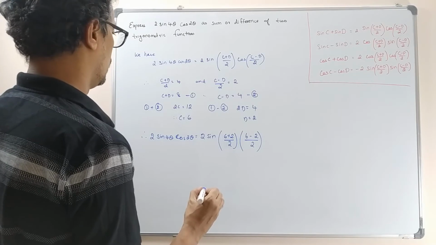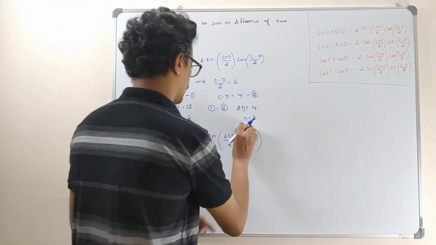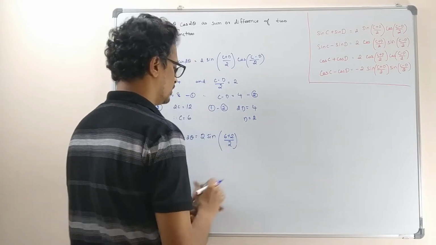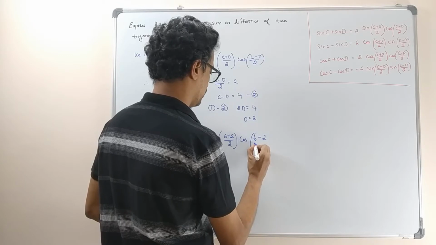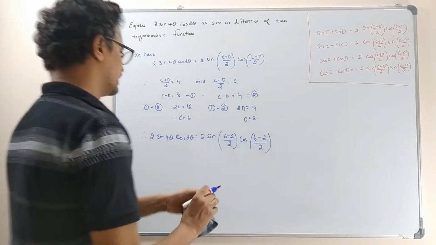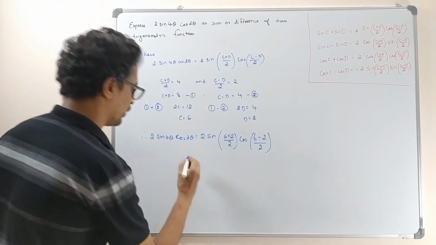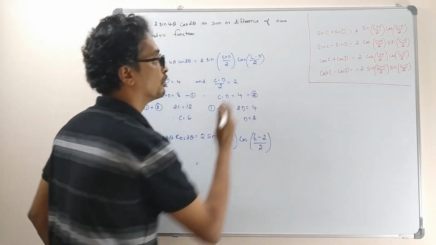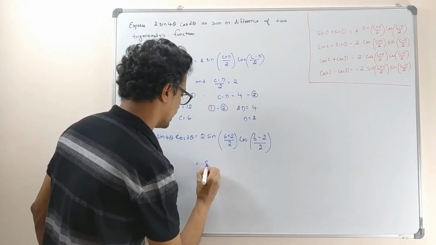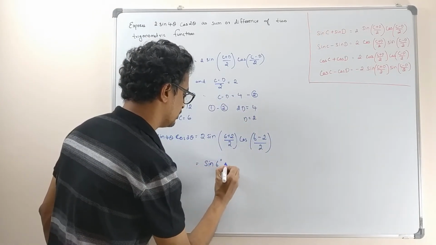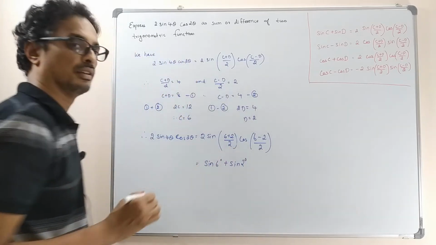It should be cos of (6−2)/2. So we can say this is 4 and this is 2. Now you can use this formula, so what will it be? This is sin C plus sin D, that is sin 6θ plus sin 2θ. That's the answer.